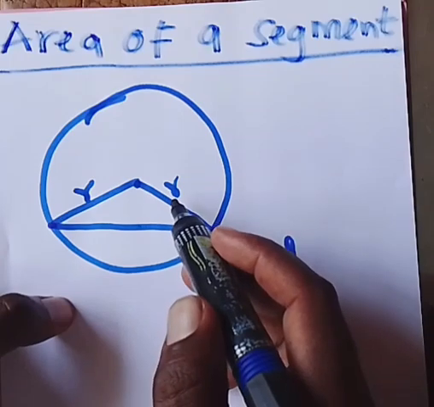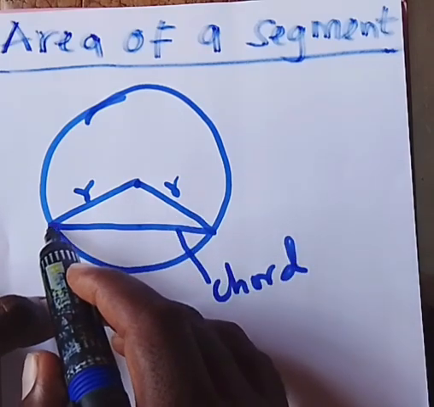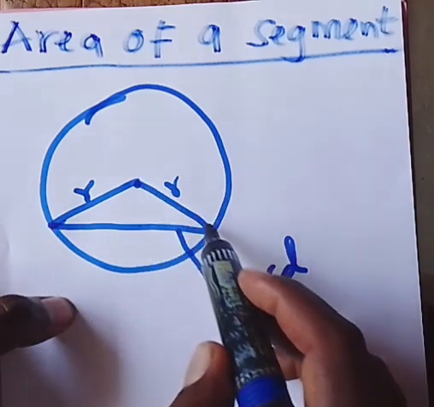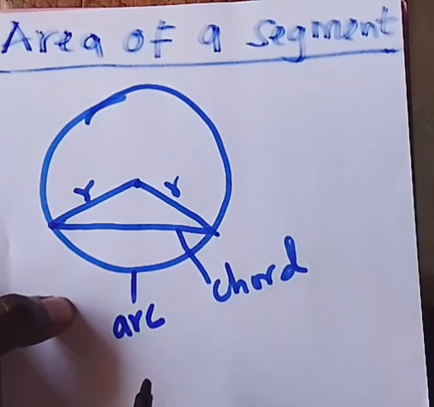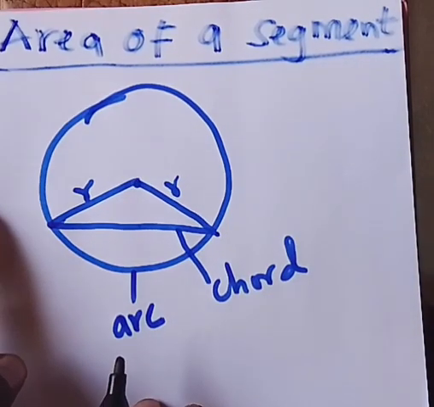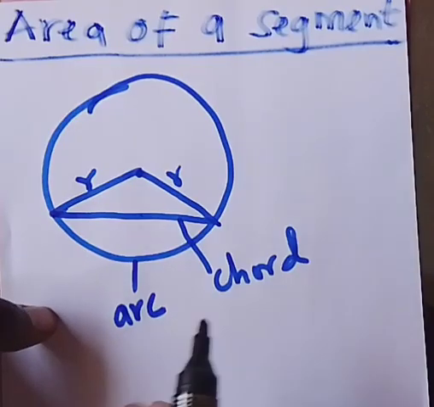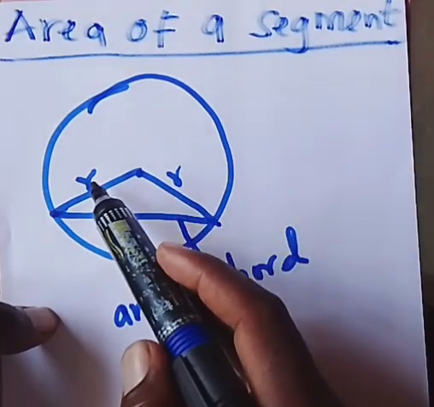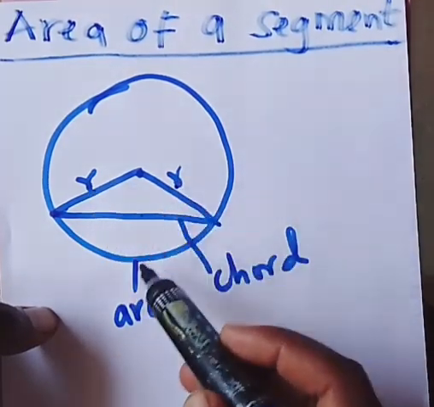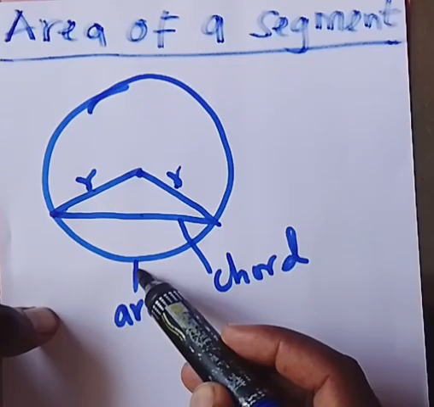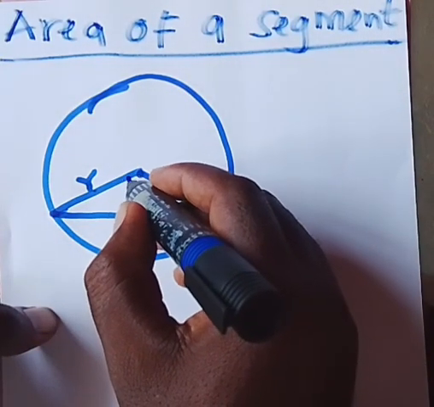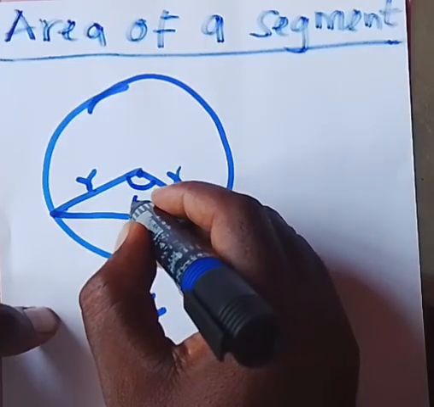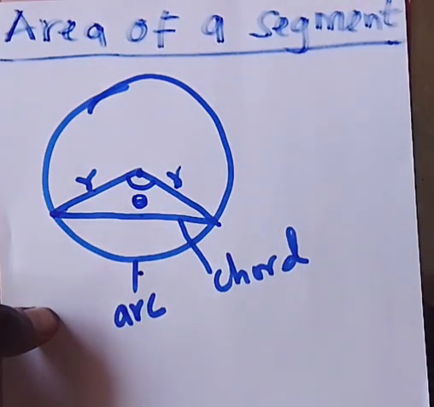Now, remember, last time we said this region bounded by two radii and an arc. An arc is part of the circumference, like I said before. So, the area bounded by two radii and an arc is called what? A sector. It's called a sector. And the two radii will always subtend an angle theta.